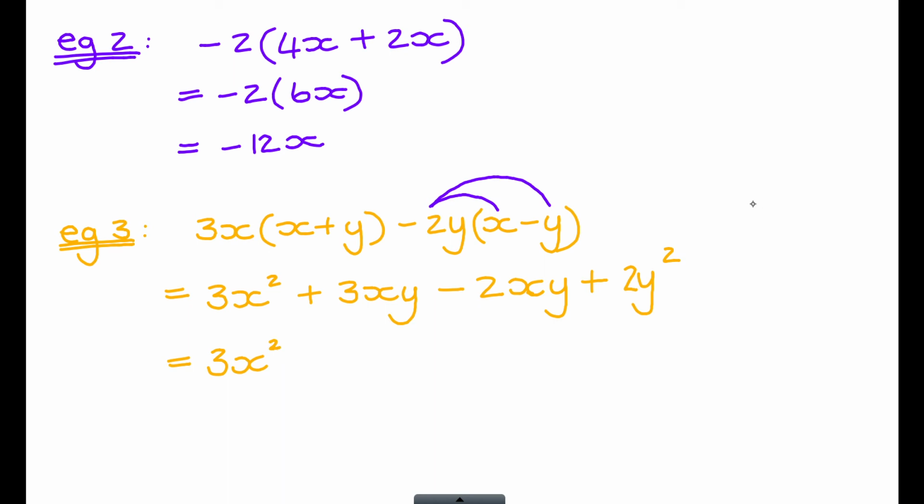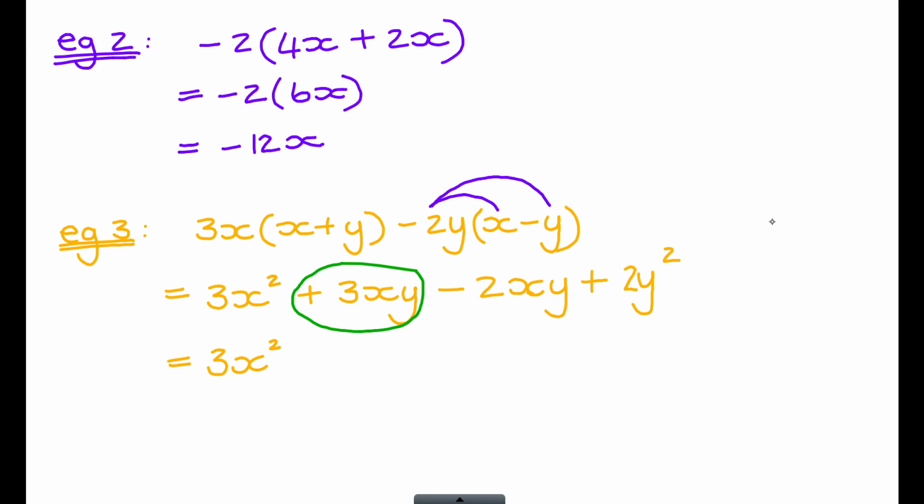There we go. Okay. Now, let's look at the xy's. I've got 3xy minus 2xy. So 3xy minus 2xy will mean 1xy. The unknowns stay the same when we add or subtract, no?